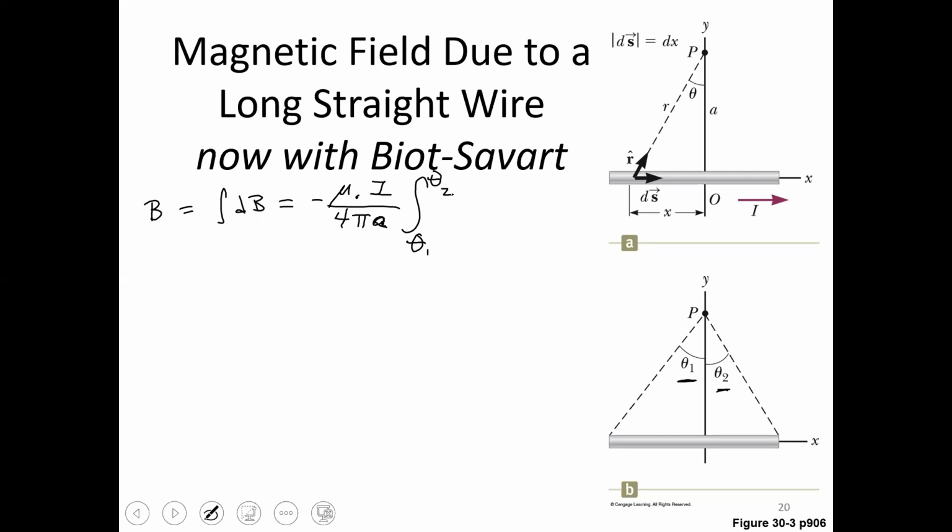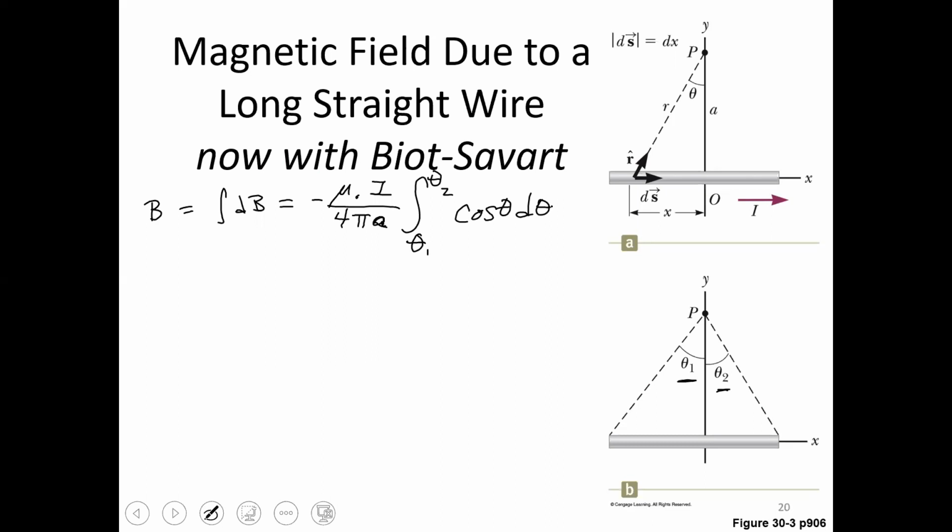Most of our dB comes outside of the integral because most of it is just constants. So we just have to integrate cosine theta d theta. That's a pretty easy thing to integrate.